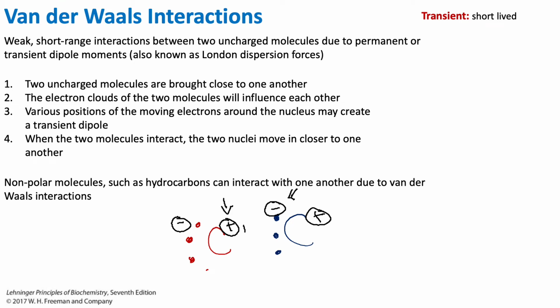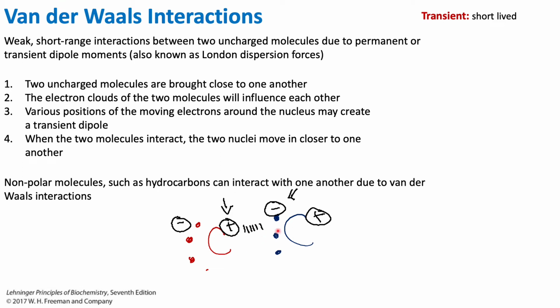That means there must be some sort of interaction between these two carbons because we've created this short-lived dipole moment, and this is essentially our transient dipole moment. So this is Van der Waals interactions.